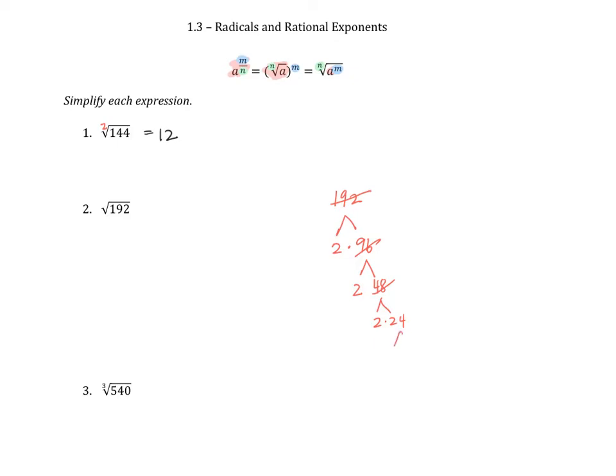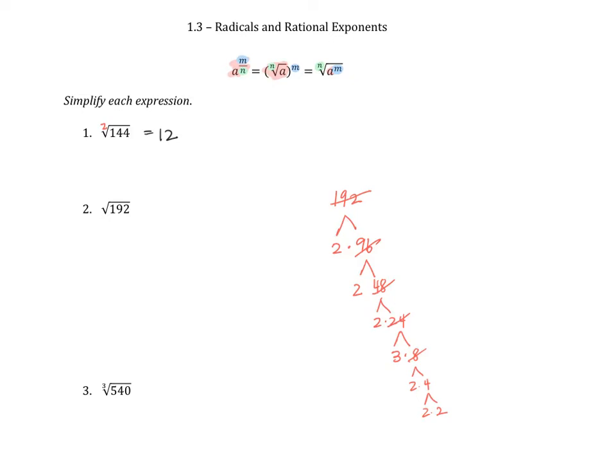So 24, you can do 3 times 8. 8 is 2 times 4, and 4 is 2 times 2. So now I kept going until I have prime numbers. Remember that a prime number is a number that can only be broken up into one and itself. So you don't want to keep going at that point.